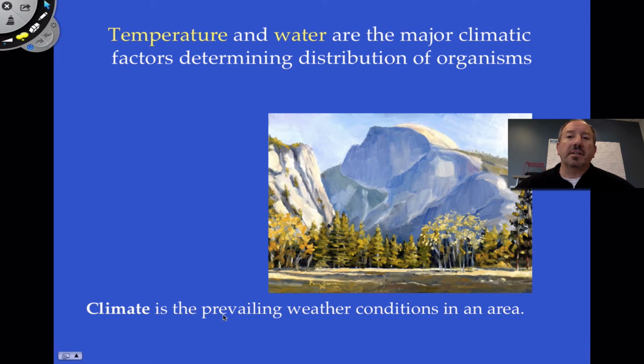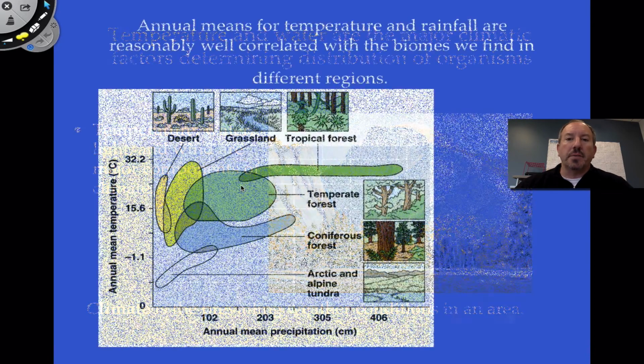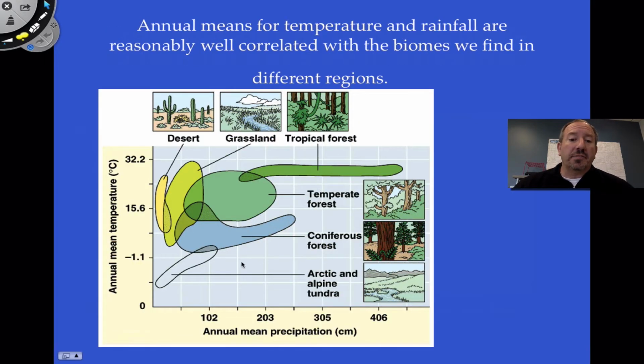And so to define climate, it's the prevailing weather condition in a particular area. There are several factors, but temperature, water, light, and wind are the major forces in climate. I really like this particular graph here, this climograph, where it considers both precipitation, which is down here on the x-axis, so over here it's a lot of rainfall, over here it's not, and then temperature.